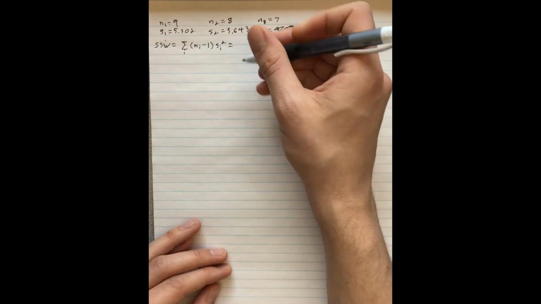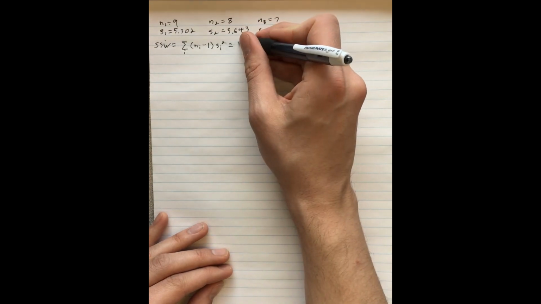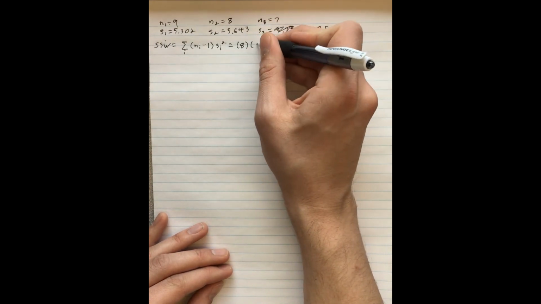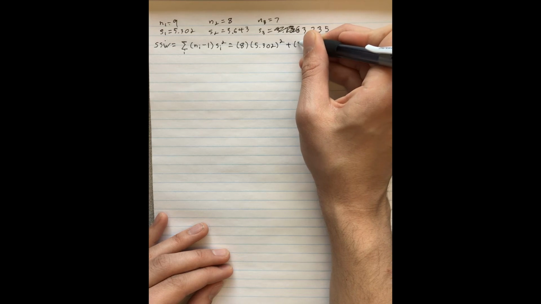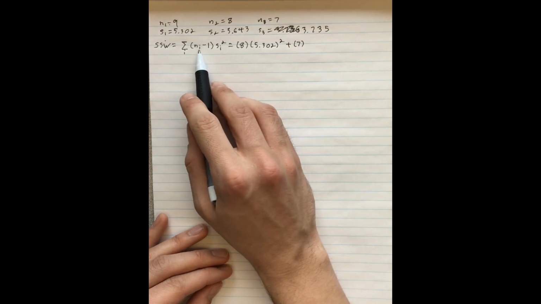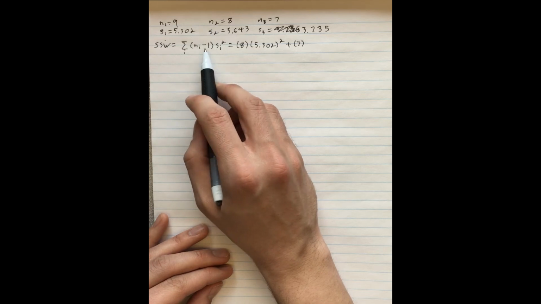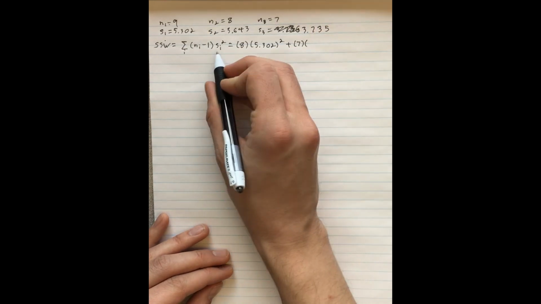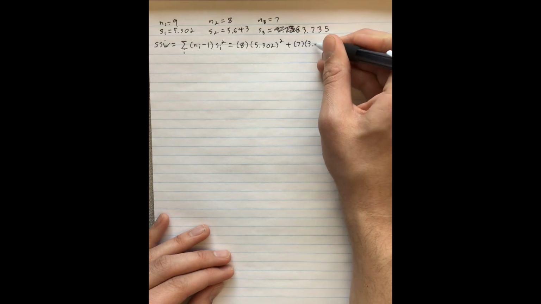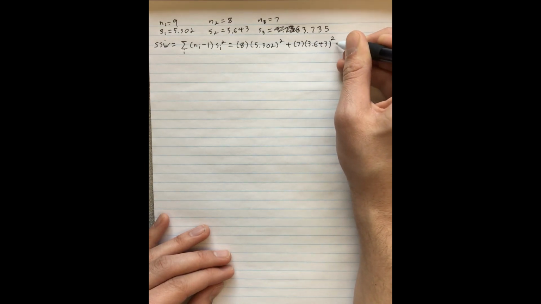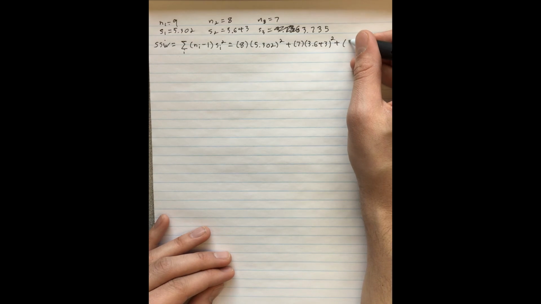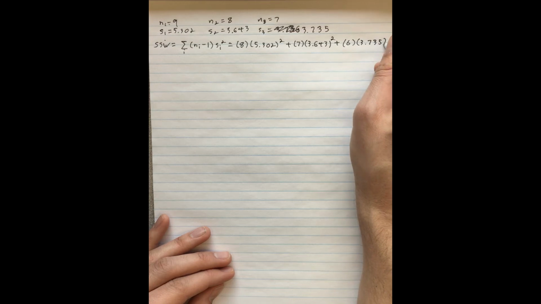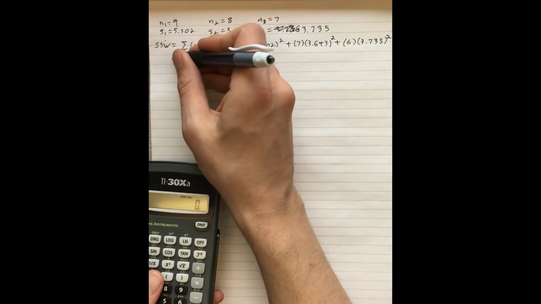So this is equal to (N1 minus 1), this is 8, times 5.302 squared, plus (N2 minus 1), 7, times S2 squared, so this is 3.643 squared, plus (N3 minus 1) times S3 squared. So this is 6 times 3.735, all squared.